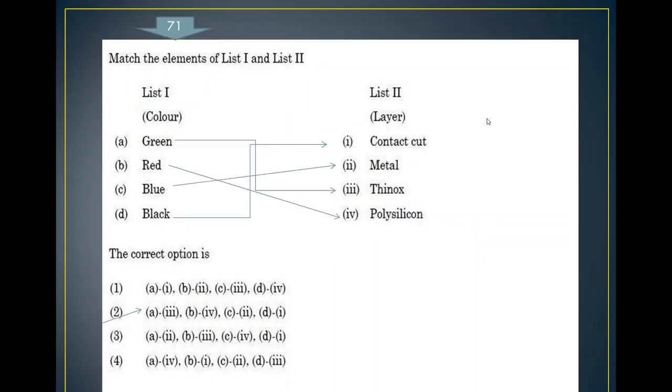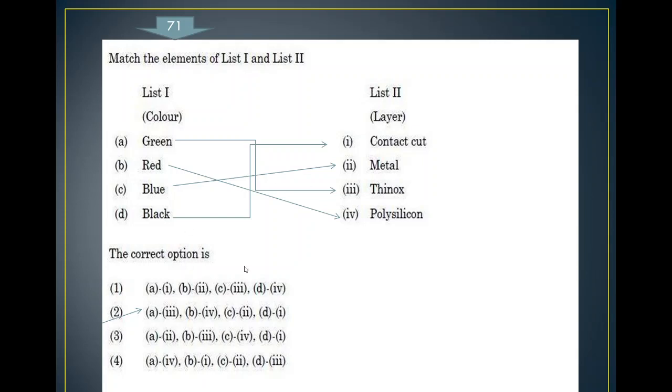Next question. Match the elements of list first and second. List first contains A, B, C, D: green, red, blue, black. List second has layers first, second, third, fourth: contact cut, metal, thin-ox, and polysilicon. Choose the correct option from option first, option second, option third, and option fourth.